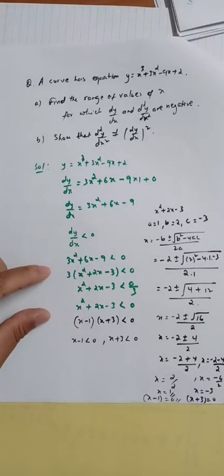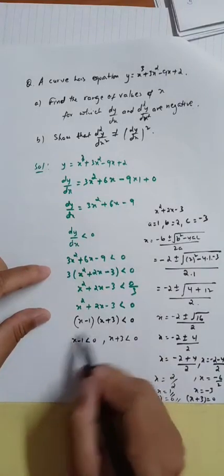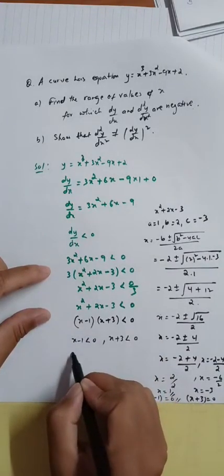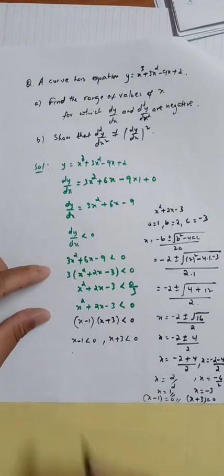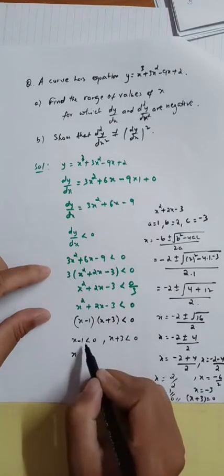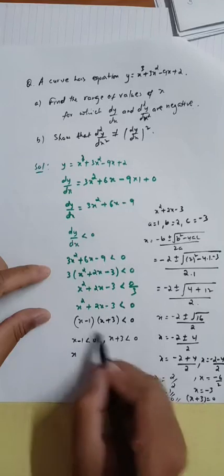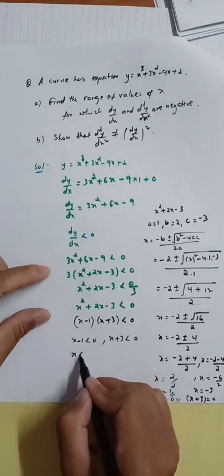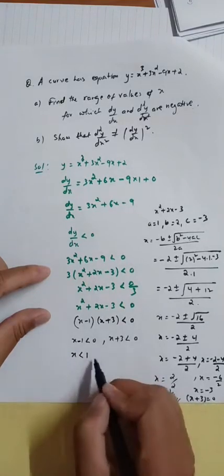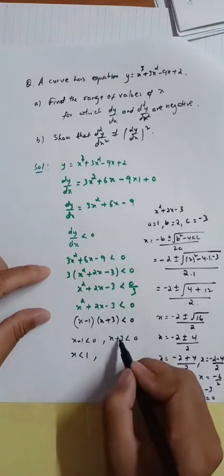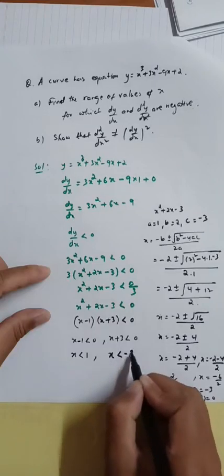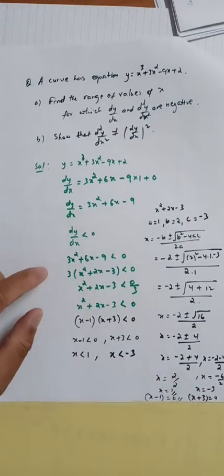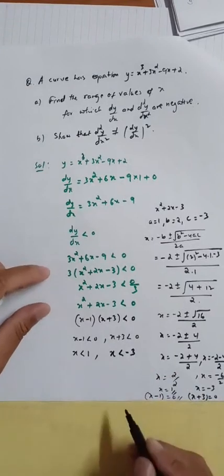Now next, for the number line: x is less than positive 1, because negative 1 becomes positive 1, so x is less than positive 1. And x is less than negative 3.